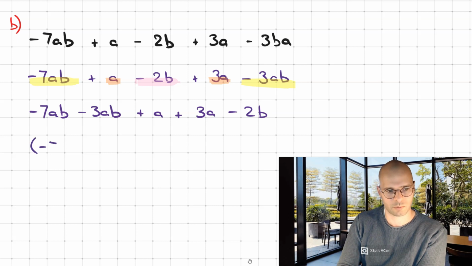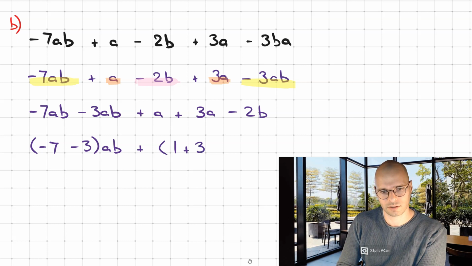I do this using the brackets method. I open the brackets, I write the coefficients, I finish it with the variables. Next, I have the a's. There's an implied 1 in front of this regular a, so 1 plus 3. Close it off with an a, and the negative 2b is by itself. Okay, I now sum.